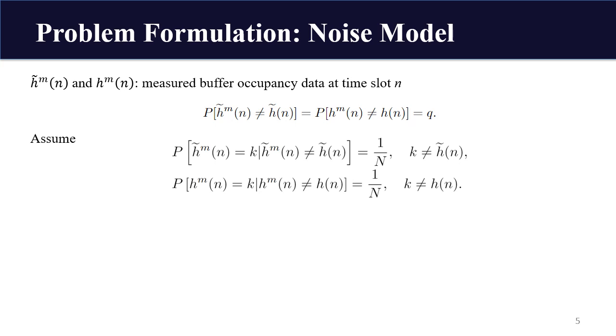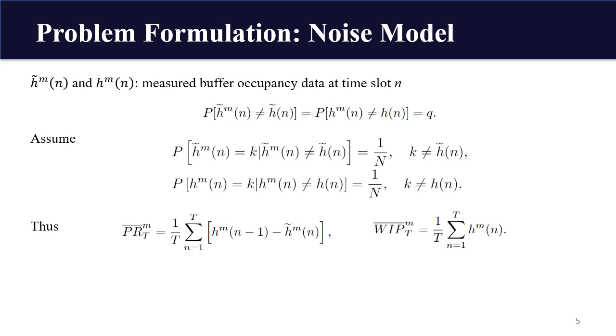Based on the measured buffer occupancy data, the system performance metrics are estimated. Clearly, the errors in the raw data may propagate to the performance metric estimates. Using these estimates as a basis for production control and decision making may affect the operation efficiency of the system.